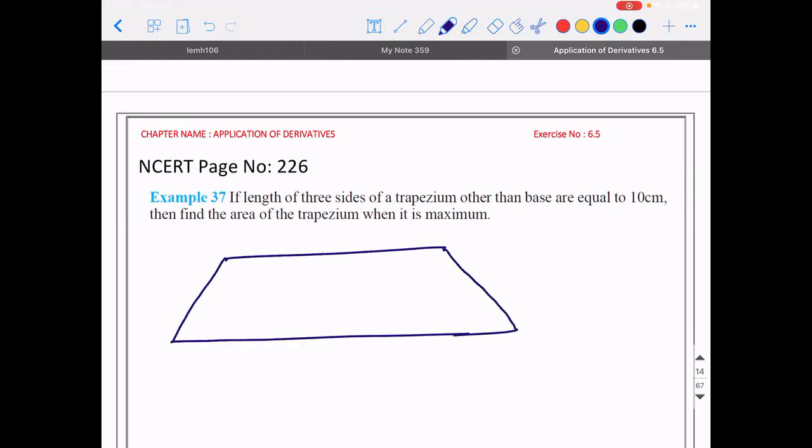See, listen. This 10, root of 10 square minus x square. This root of 10 square minus x square. This x, 10 and x. This is 10. This is 10. This is 10, right?